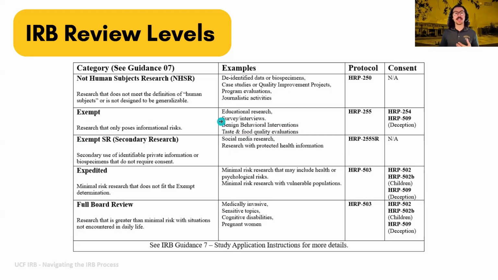We have survey and interview research. We have benign behavioral interventions, and we have taste and food quality evaluations. Now you notice here the protocol and consent form sections change. For exempt research, we use the HRP 255, and for the consent form, we use the HRP 254.